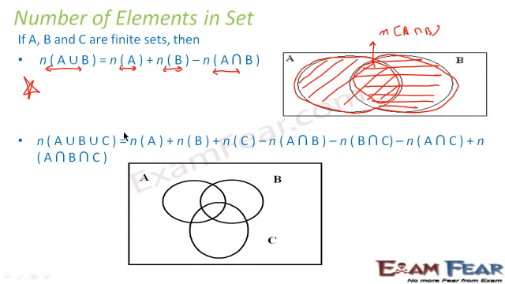Let's solve this. So all the elements in A, let me draw with the vertical line. So these are the number of elements in A. And the number of elements in B, let me draw with the horizontal line.